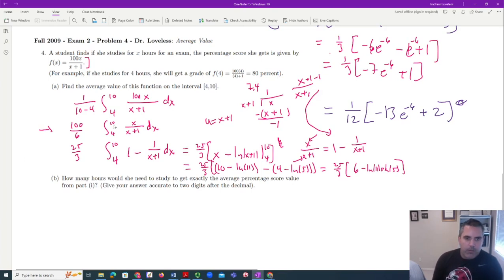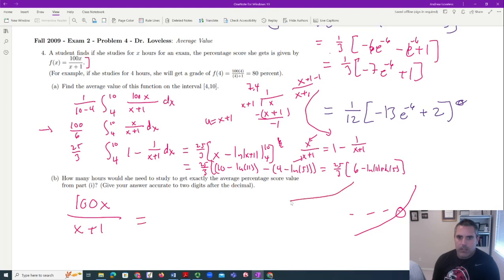Okay, so how many hours would she need to study to get exactly the average score? So this is this idea of if you have a function and there's an average and the function's continuous, it'll have to hit it. So in other words, this must hit this. This 25.